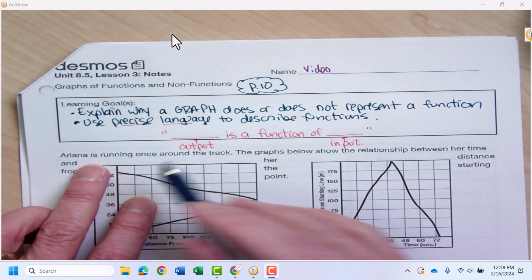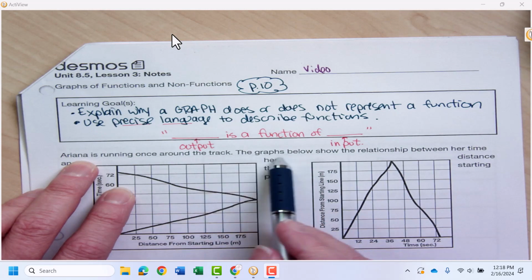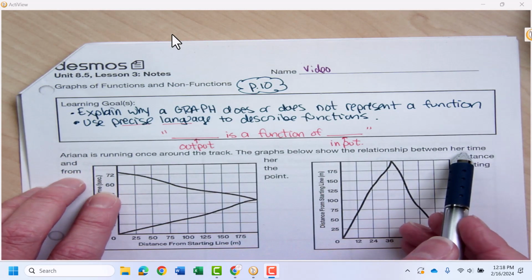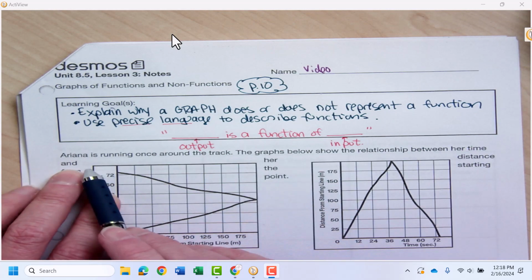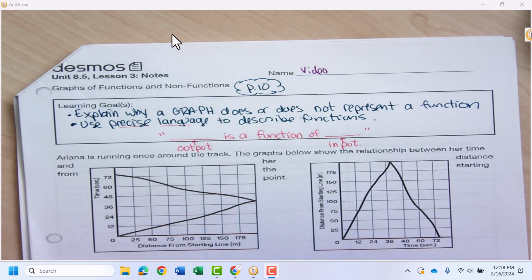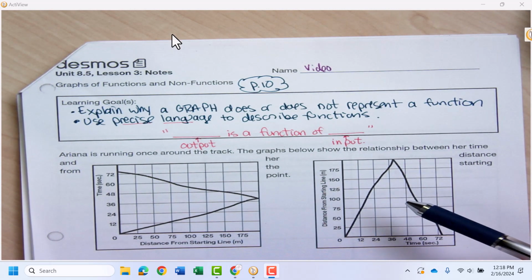So we have a scenario here where Ariana is running once around the track, and the graphs below show the relationship between her time and her distance from the starting point. Now, when I first looked at these graphs, I thought, what are they talking about?